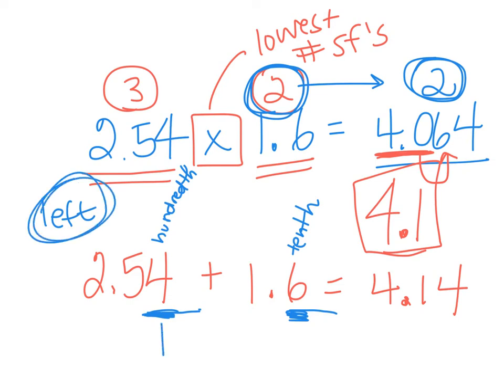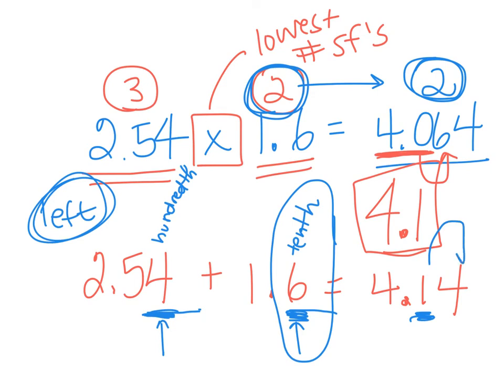So out of the 100th and the 10th, the 10th is the least precise. So I come over to my answer. I underline the 10th location. He looks next door and says he stays the same. And so I round my answer to 4.1.